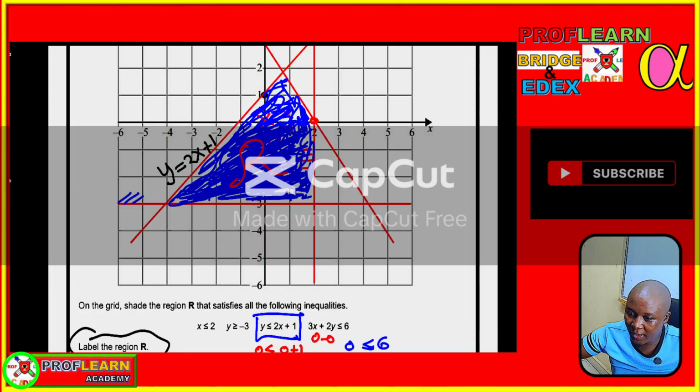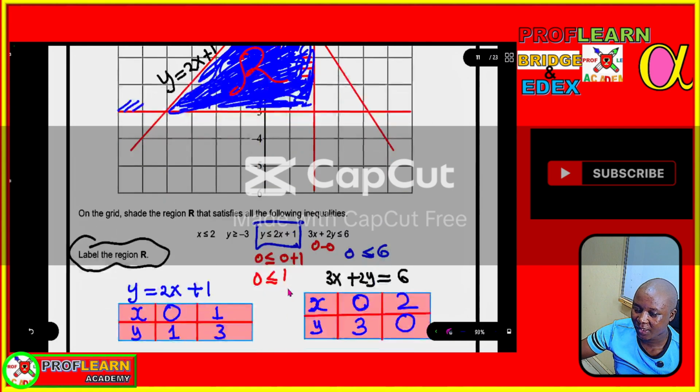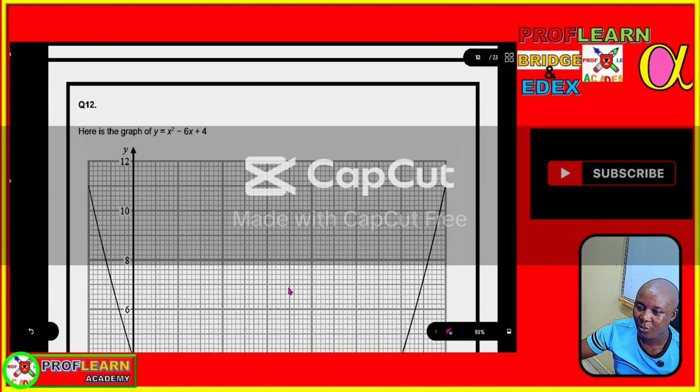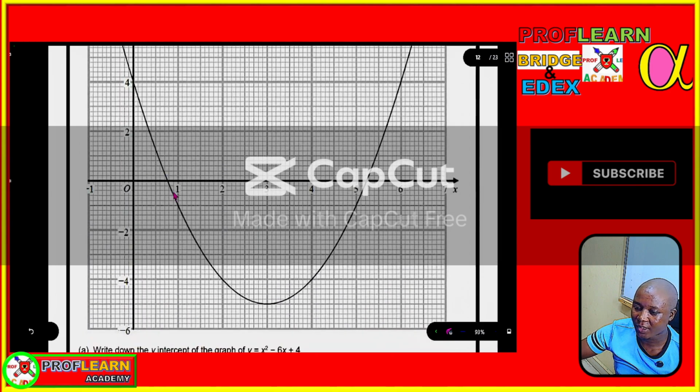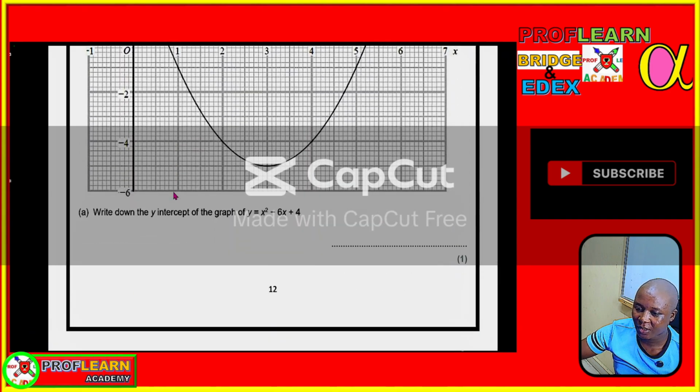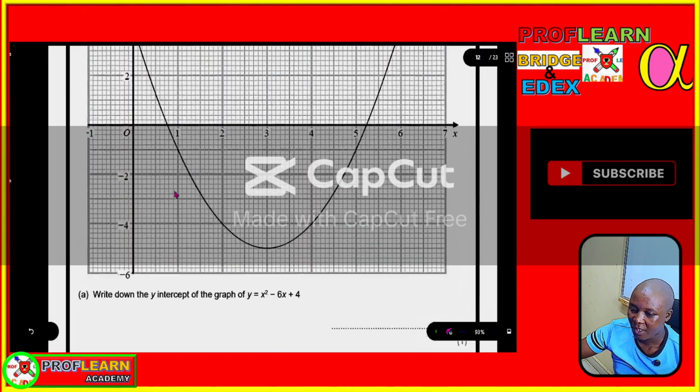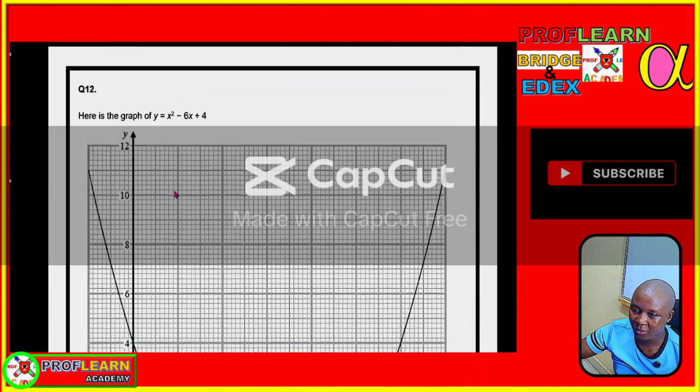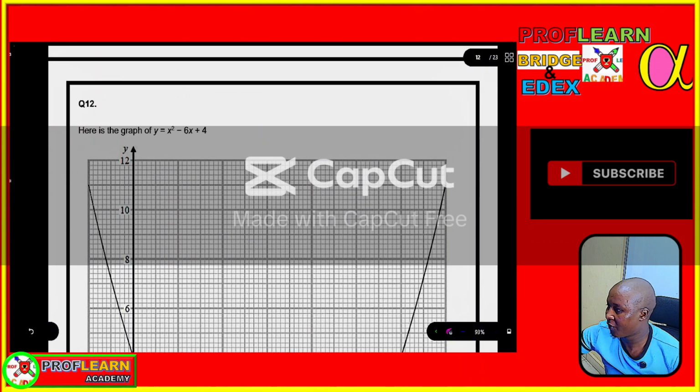Moving to the next question. Let's see which is the next question in store for us. We have a quadratic graph, the graph of x squared minus 6x plus 4.